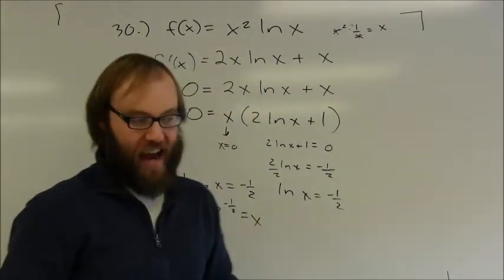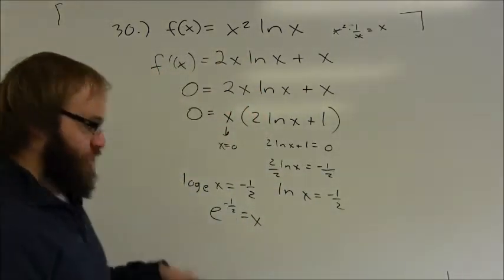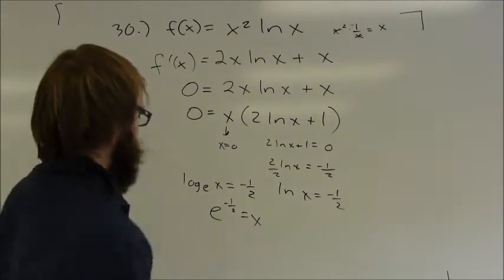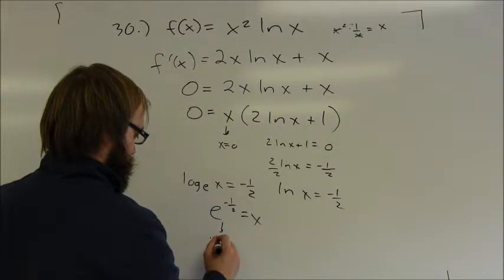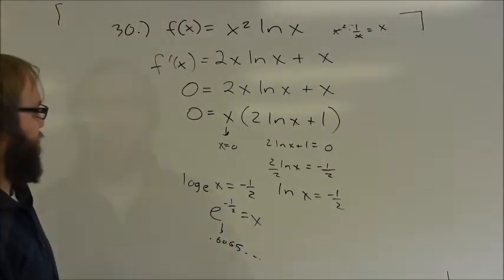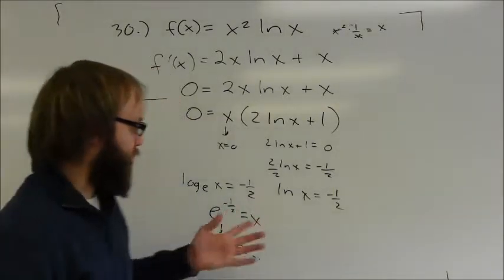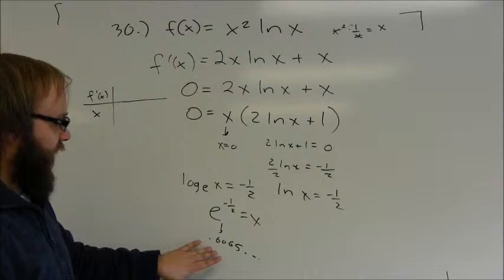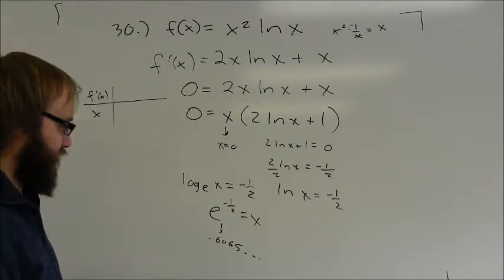And by the way, e to the negative 1/2 power is equal to approximately 0.6065. So it gives you a little bit of an idea there about what's going on. So my critical value here is going to be e to the negative 1/2, which is 0.6065.